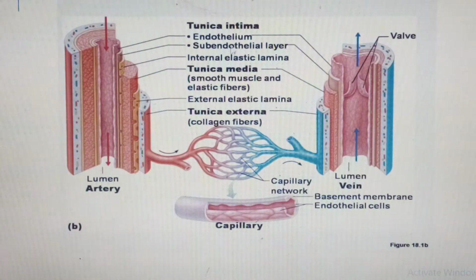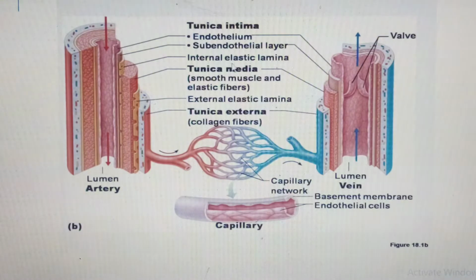It's below the endothelium, so that there could be nourishment in there. Then beneath the subendothelial layer is another layer which we call the internal elastic lamina or internal elastic membrane. It's actually made of elastic tissue.